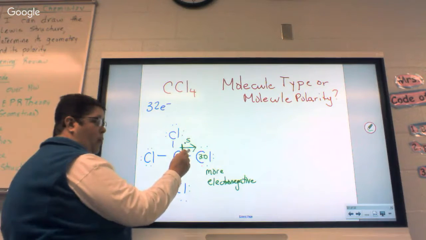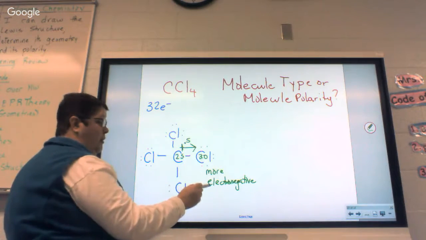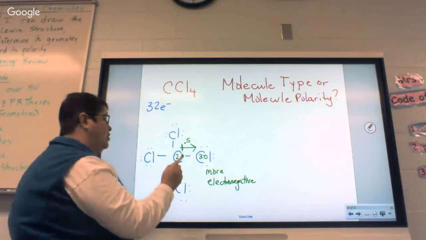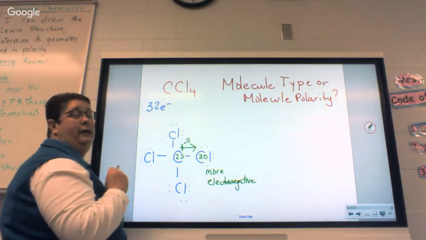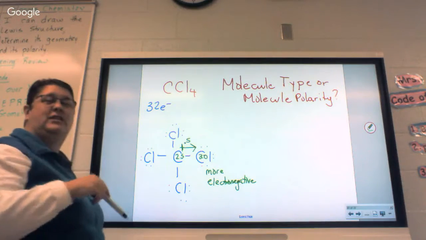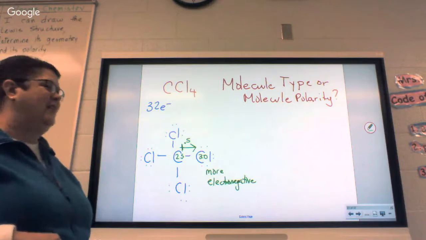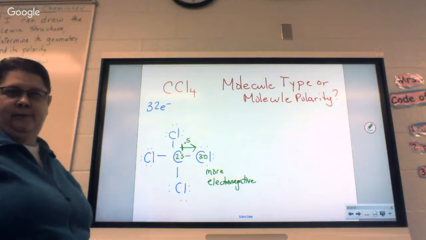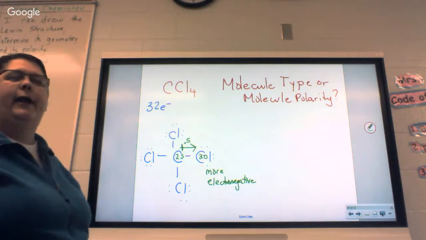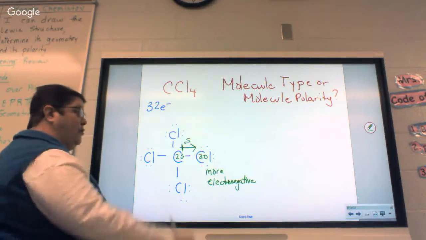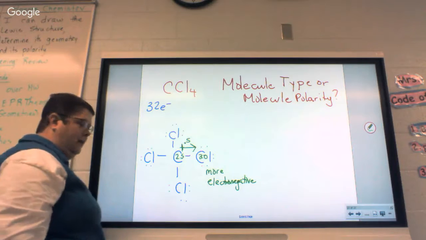The arrow points to the bigger number, the one that's more electronegative. The smaller number we call electropositive. I'm just giving you some vocabulary, that's all. Are you going to see it tomorrow? No. You're not going to do this. We do this.